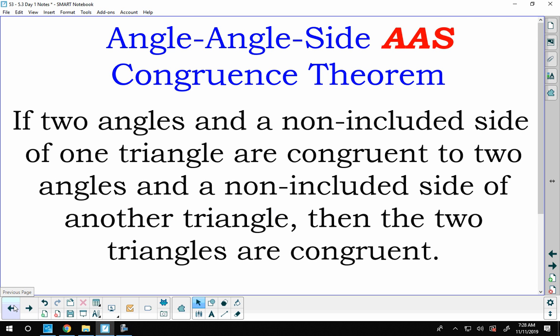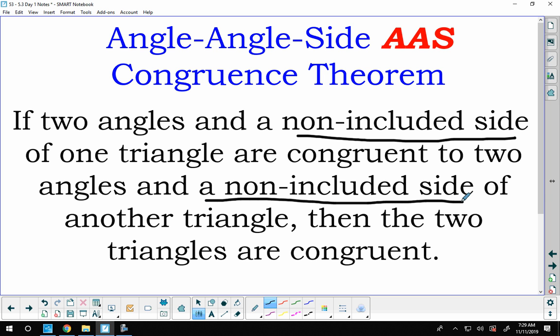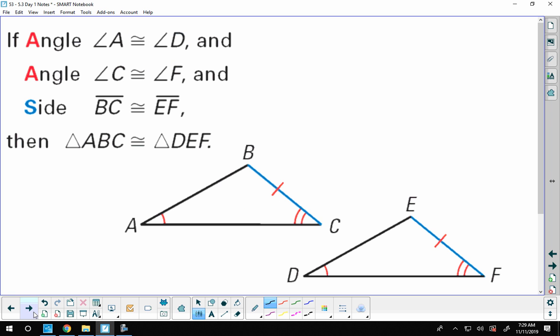The important part here is that the side is the included side between the two angles. Next congruence theorem is the angle-angle-side congruence theorem, and notice that the side is not included between these two angles now. So if two angles and a non-included side of one triangle are congruent to two angles and a non-included side of another triangle, then the two triangles are congruent.